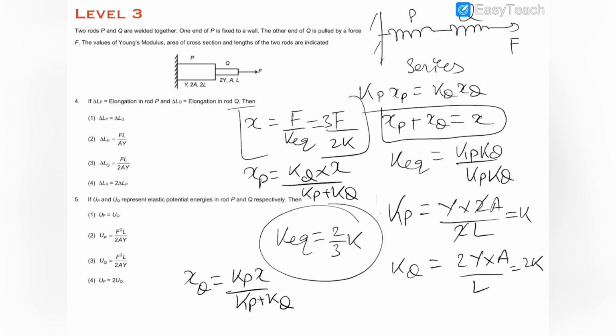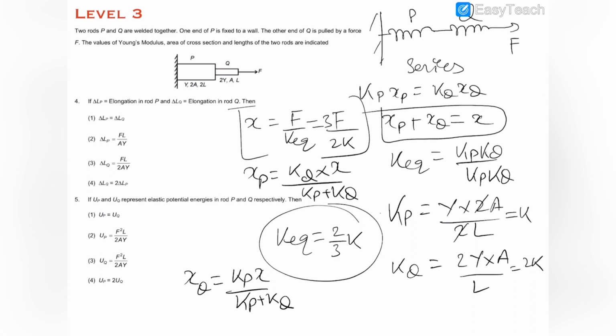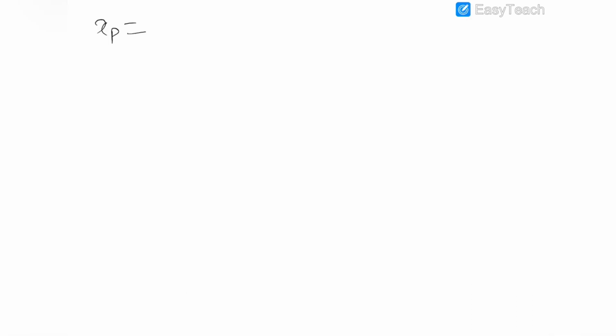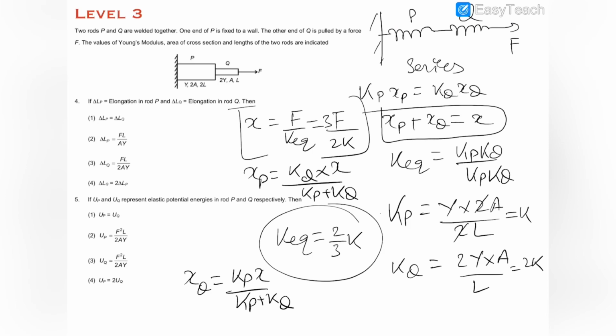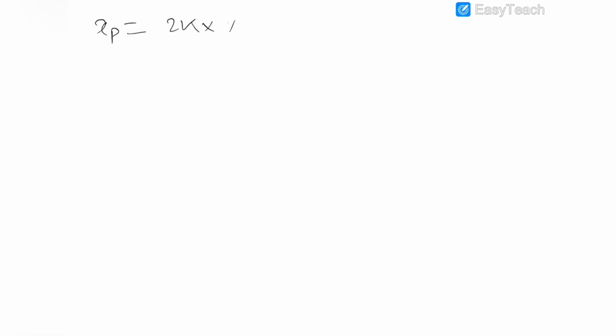So Xp will be equal to Kq, which is 2K, and X is equal to 3F by 2K, divided by 2K plus K. So you can see that it is equal to F by K.